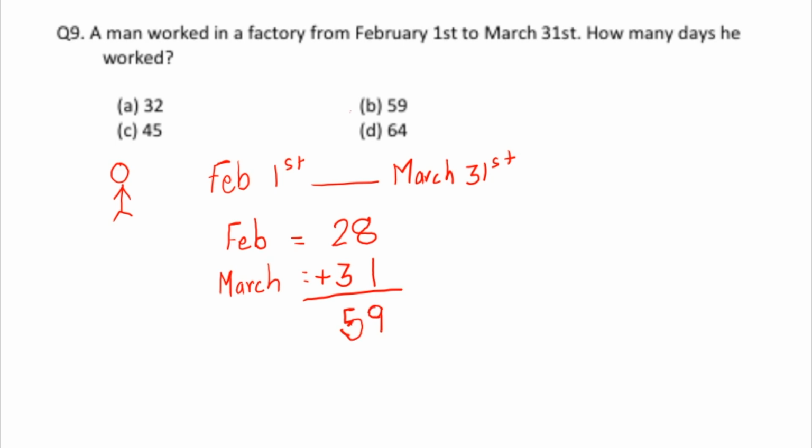So the correct answer will be 59. Did you understand? He worked from February to March. The number of days in February is 28 days, and similarly the number of days in March is 31 days. If we add these two, we will get the total days in February and March. So it is 59. So the correct answer will be B.